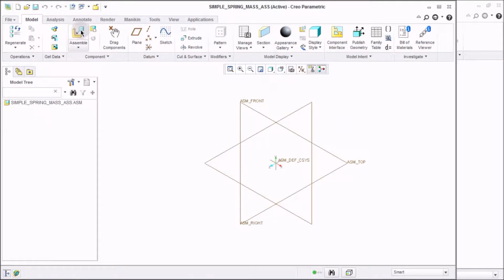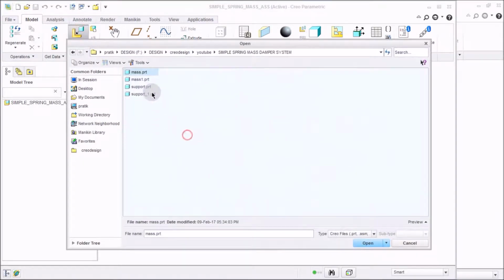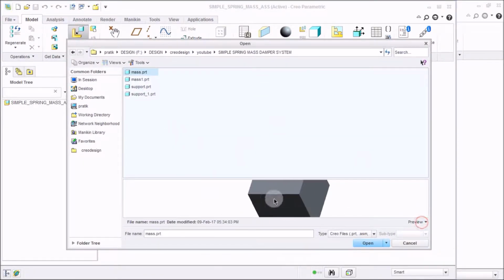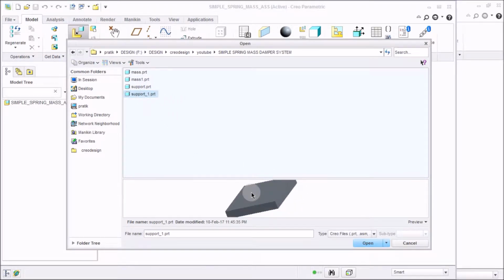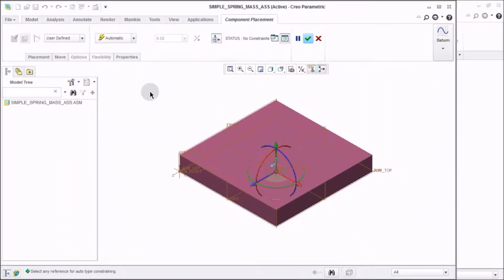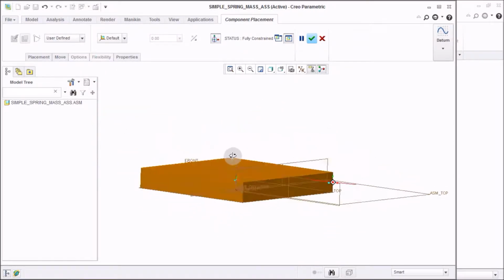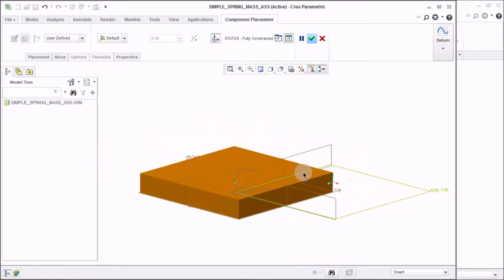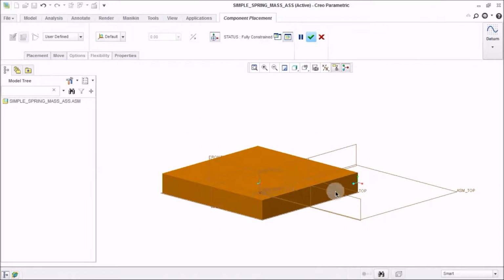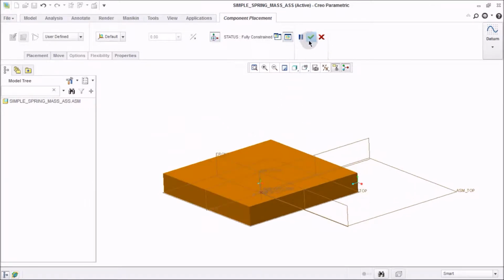Then first choose the component you created earlier, support 1. Then by this default menu, you can directly coincide the geometry's three planes with the assembly planes, so no need to manually select and coincide each and every plane. It's a very easy command.